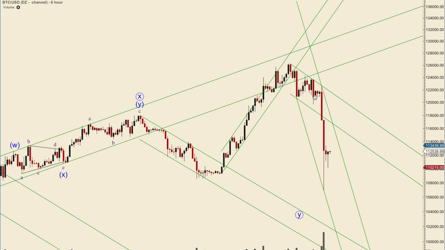So here you can see that we broke down and got a close below this with a strong candle, and now another structure has been starting here. So if we get a close above this channel with a strong candle, then we can more safely say that this move is over and another is starting. So keep an eye out on that.